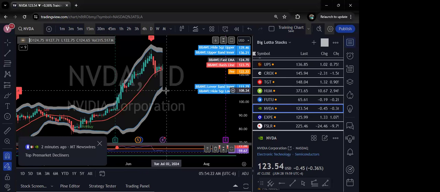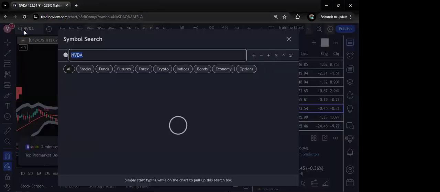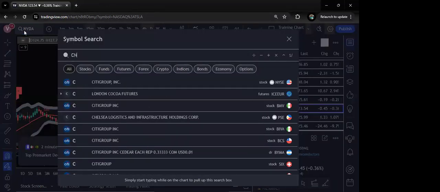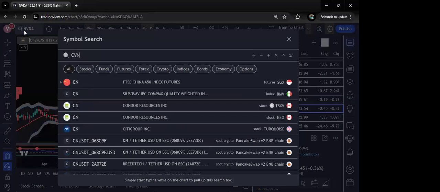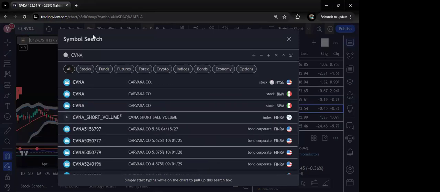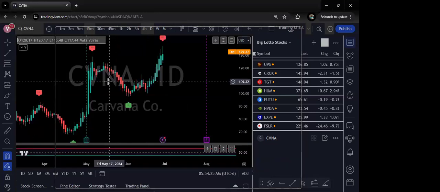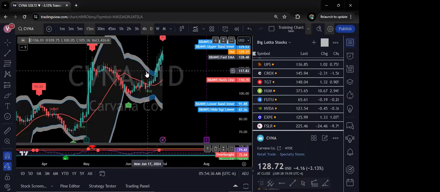So that list that I've put there, all these stocks have a wide band. It means stocks with a wide band have high volatility. See here, it was squeezing and then now it has a wide band, and this one has been breaking the rule for a couple of days.